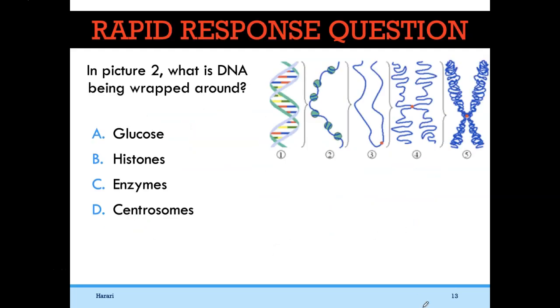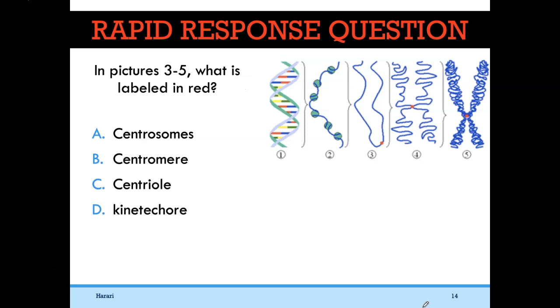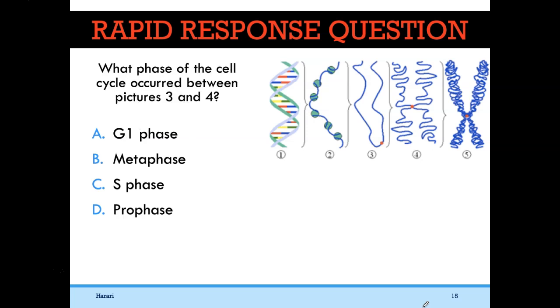So a quick refresher, you can pause here and answer this question. The answer is B, histones. And you can pause here. The answer is B, centromere. Okay, you can pause here for this question.